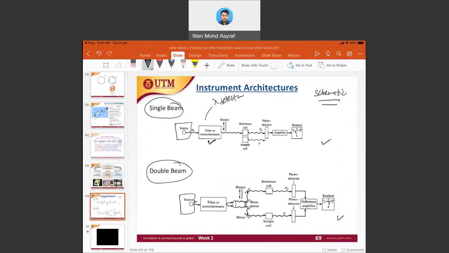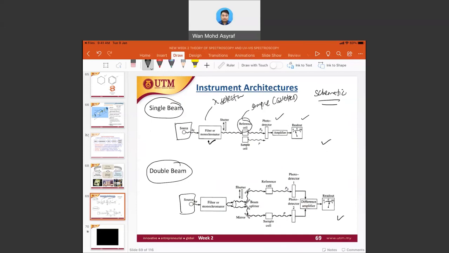So that particular wavelength will be absorbed onto your reference cell, which contains your sample. So this is where you put your cuvette. Okay. And then the transmittance from the reference cell will be detected by a photo detector and then read out.